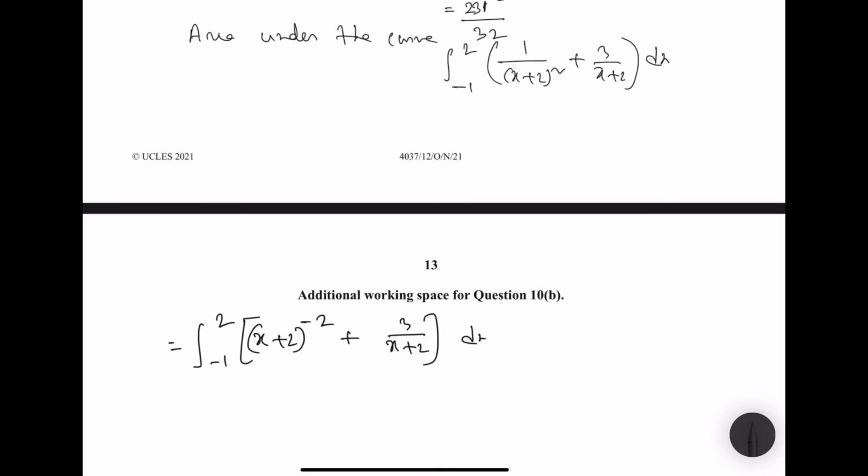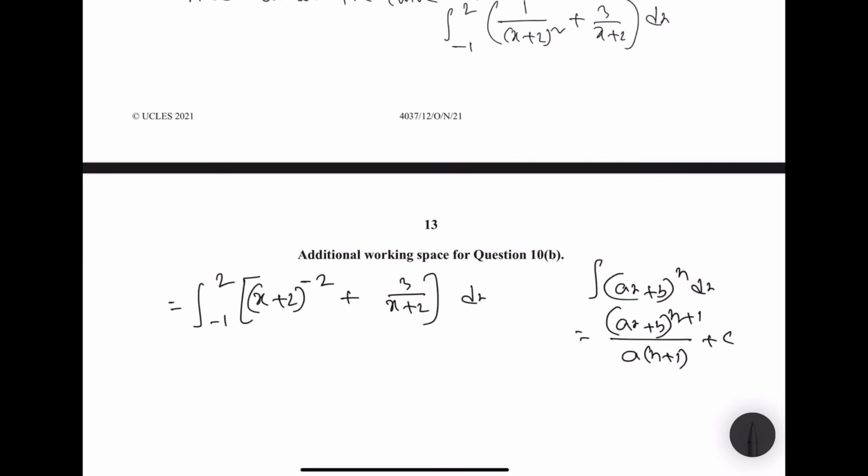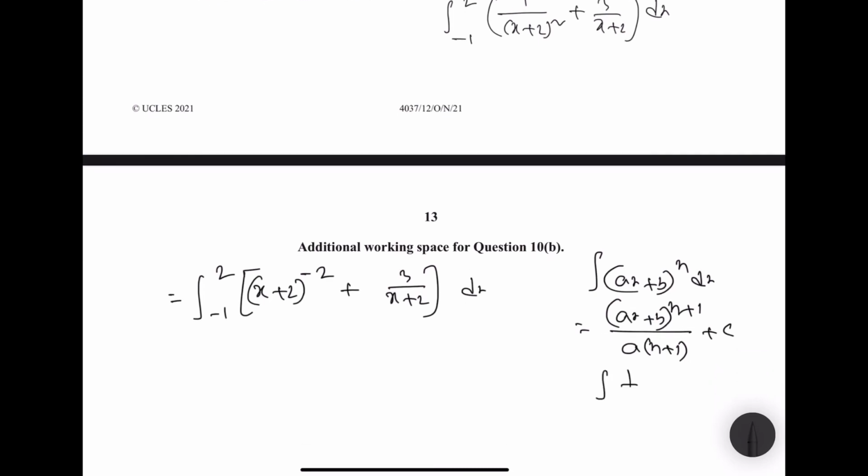Now integrate. We know that the integration of (ax plus b) to the power n dx equals 1 by a(n plus 1) times (ax plus b) to the power n plus 1, plus c, and the integration of 1 by (ax plus b) dx equals 1 by a ln(ax plus b).